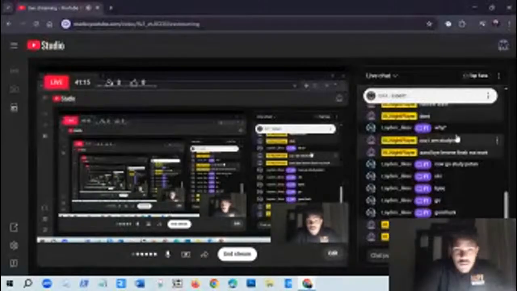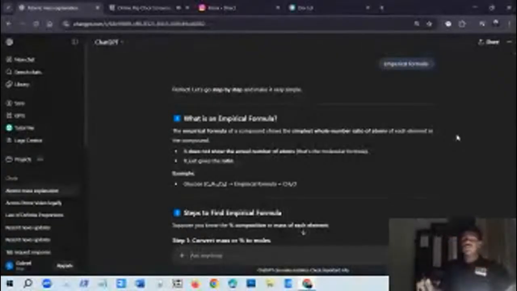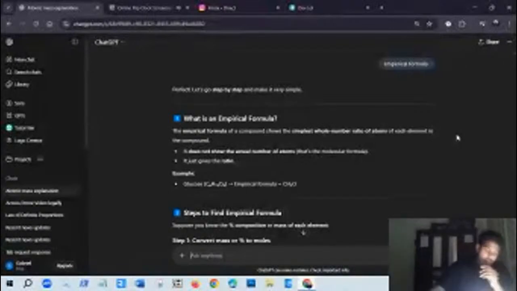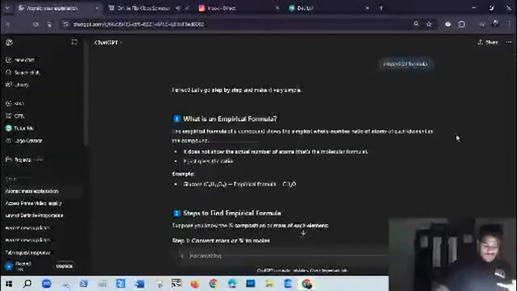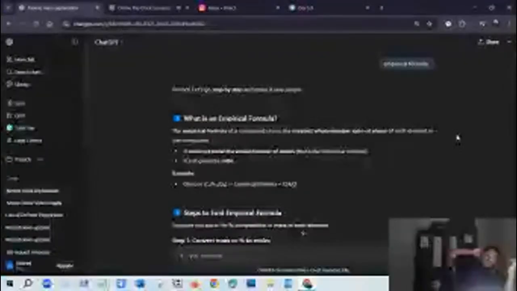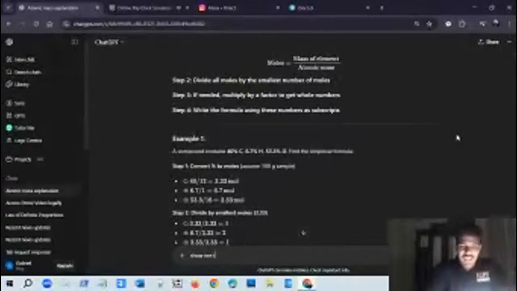Okay, that's better. I don't want to know the definition of these things. Do them in multiplication. So, the molecular formula is n into the empirical formula. Show me the table form.